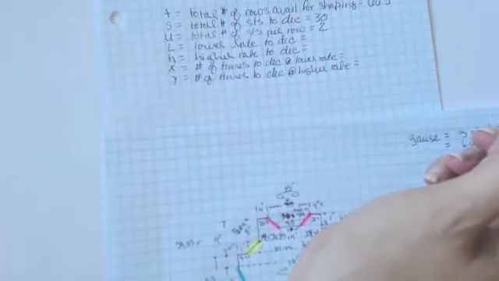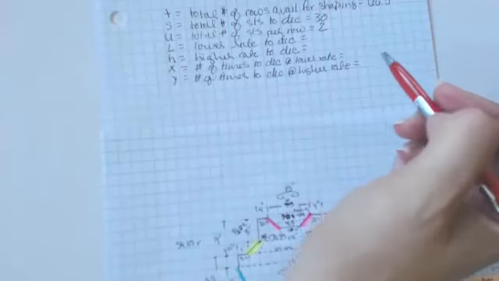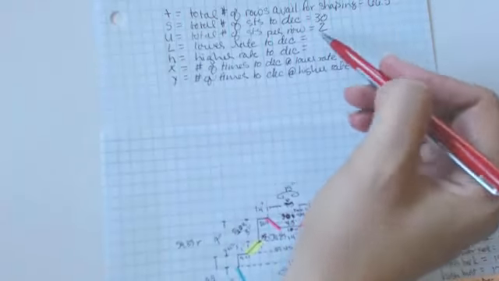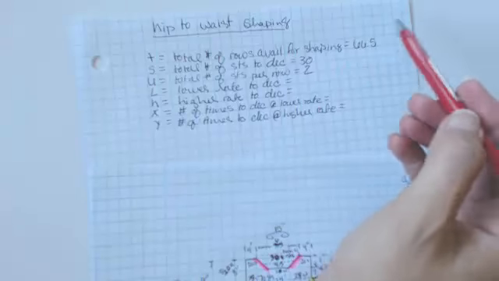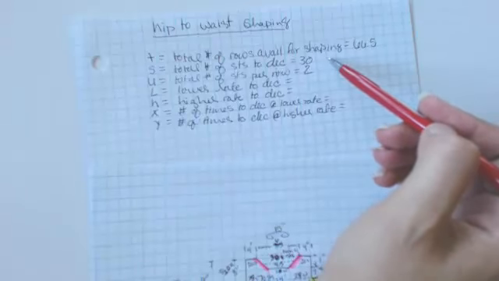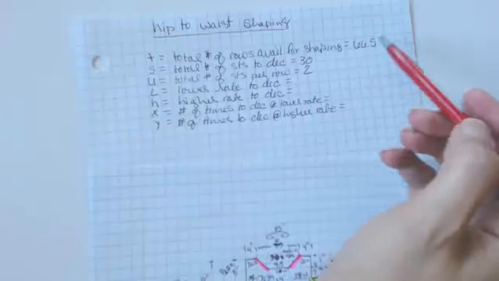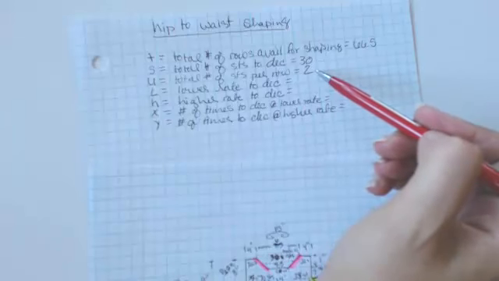Okay, so now that I've identified what I know and what I don't know, so I know these things up here. I know how many rows I have. I know how many total stitches I want to get rid of, and I know how many stitches per row that I'm going to get rid of.